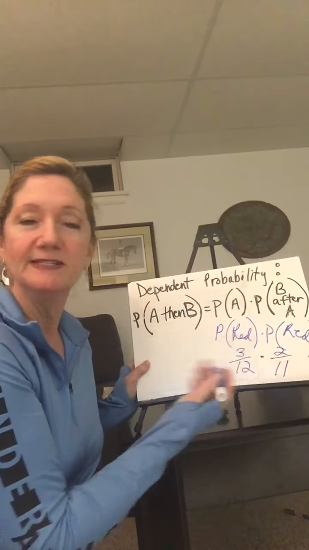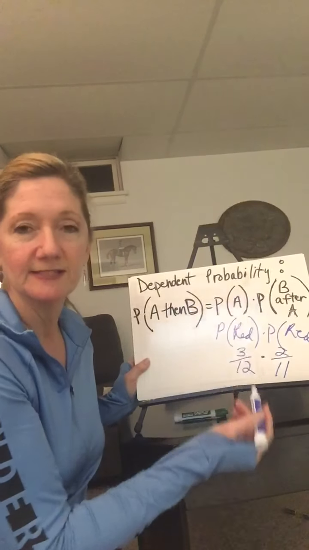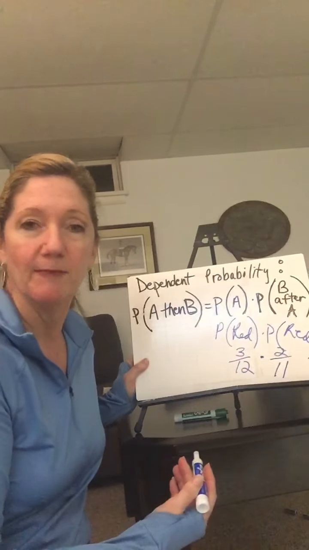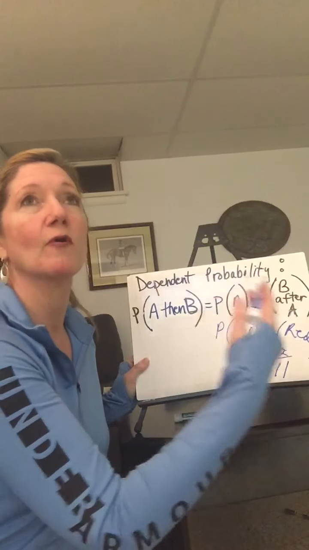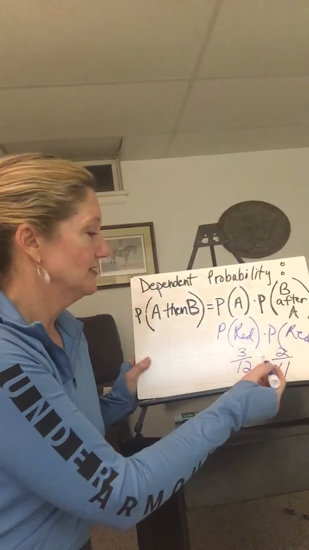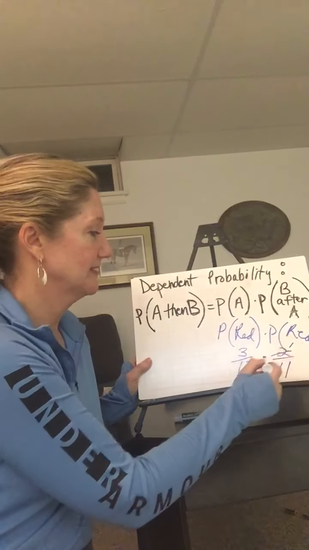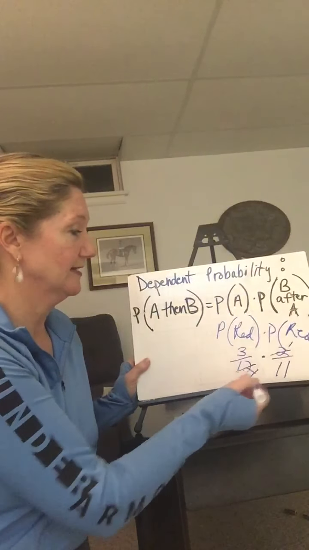And then, just like what we did with independent events, you will still multiply these two. Some of you in the last assignment were just writing down the 2 amounts, but you have to multiply them. That's what gives you the overall probability of the 2 things happening. So you're welcome to reduce this in a couple of different ways. I could divide those both by 2, put a 1 here and a 6 here.